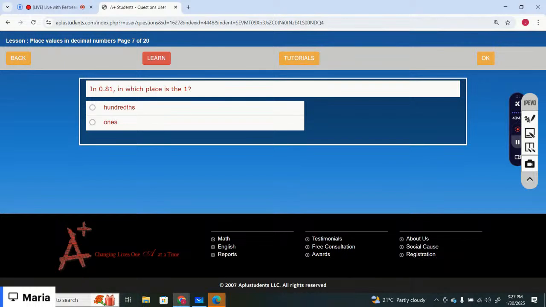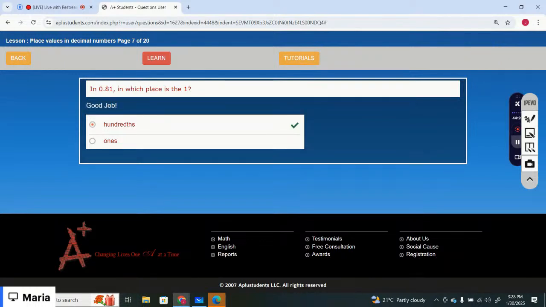In 0.81, in which place is the 1, which is the correct option? 1 is at the hundredth place. Option number 1 is the correct option.